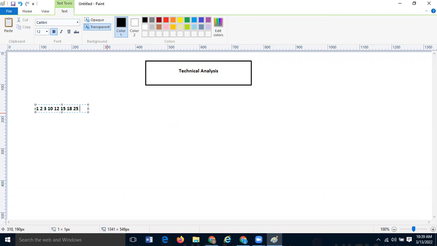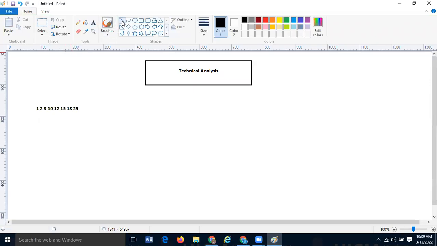If I ask what you can tell me in terms of the chart after seeing these numbers, maybe you will make some manual charting and say it starts from 1, goes till 2, and then goes to 3, then 10, then 12, then 15, 18 and 25.